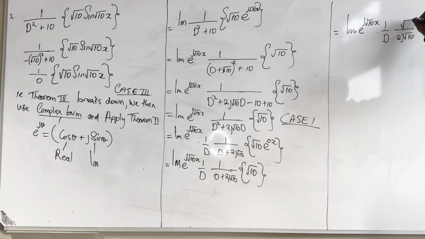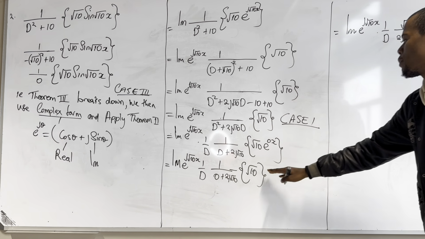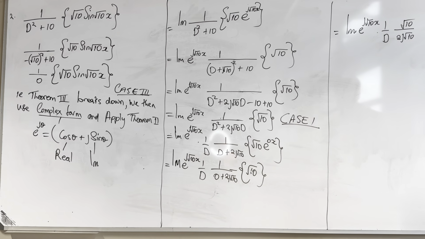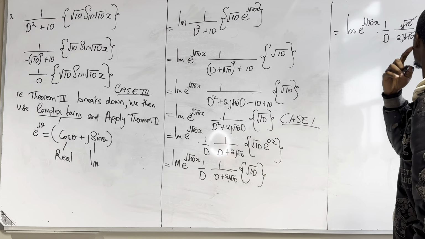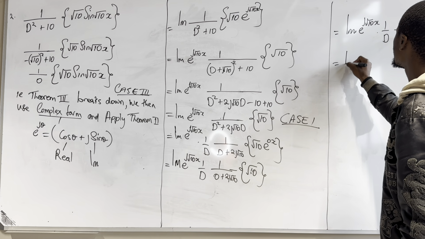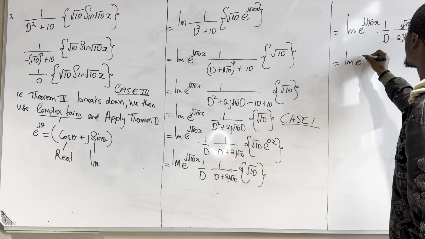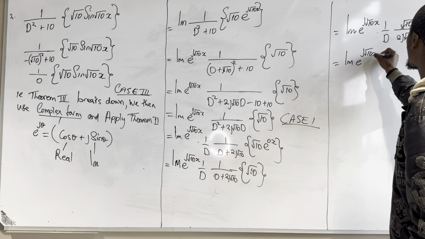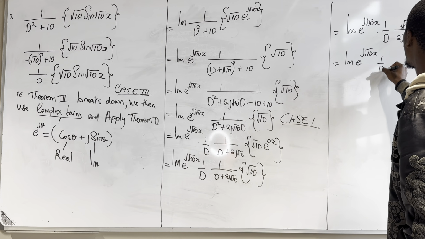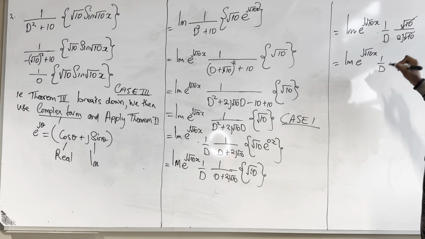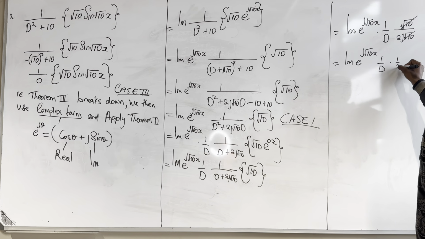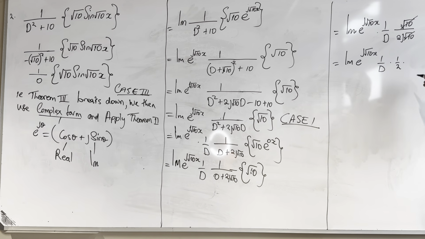You'll notice that there is a root of 10. We just multiply this one times this 10, and this 10 will cancel this 10, and then we are left with the imaginary part of e to the power of j root 10x, and then 1 over d, and then 1 over 2, and then 1 over j.